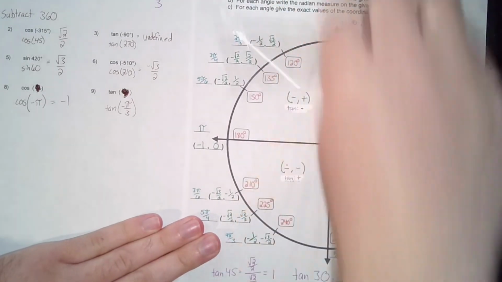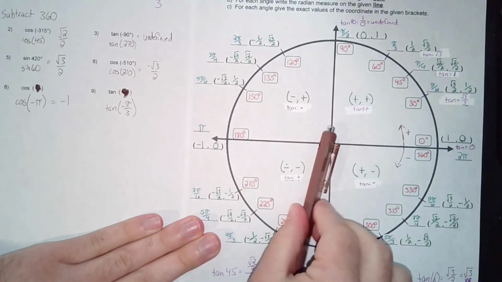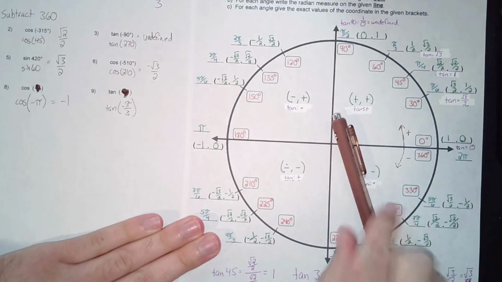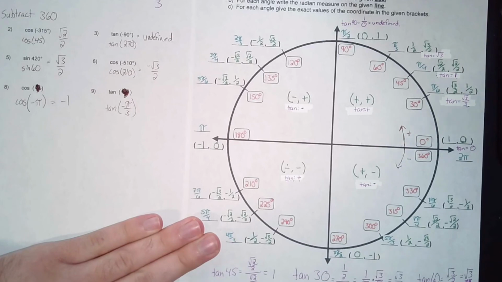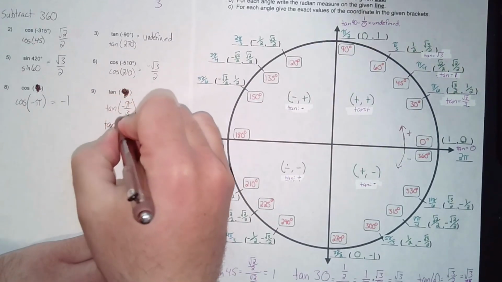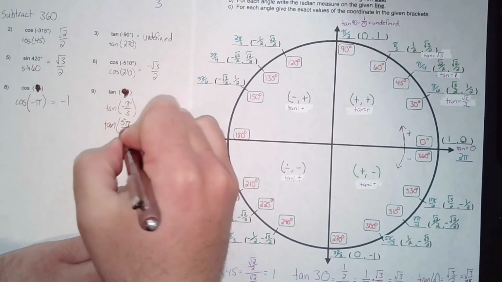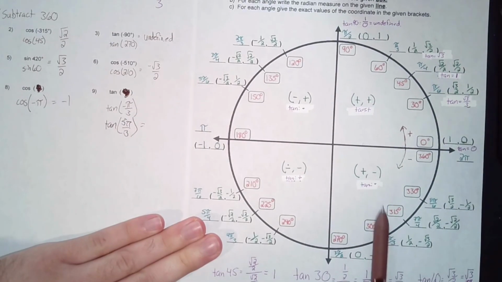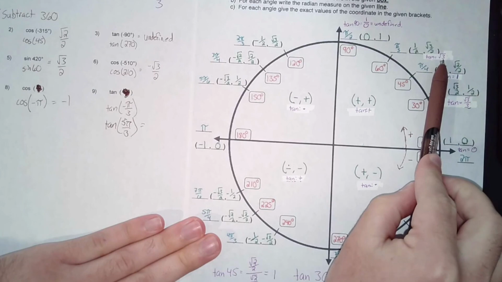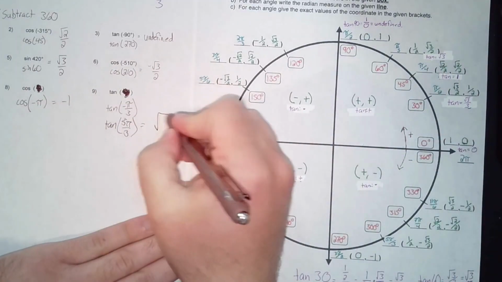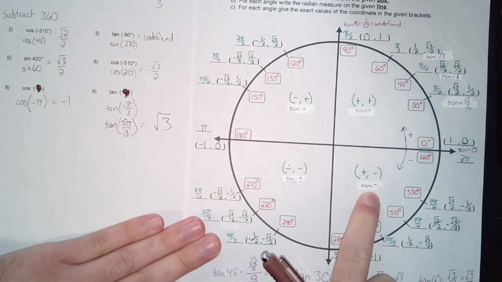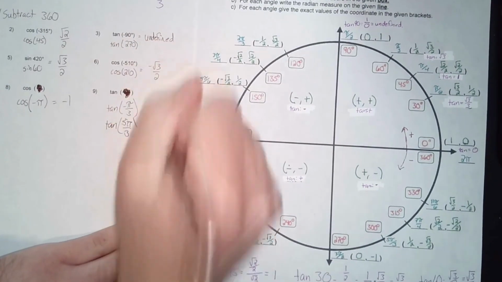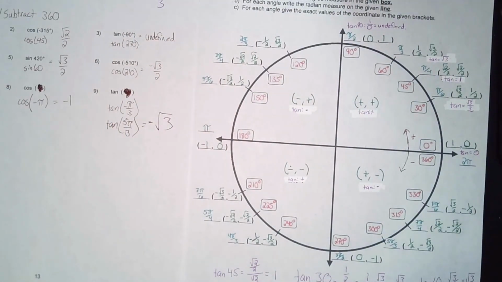So if I go the negative direction, I'm going to go the quarter and go back 1. So I'm down here at 330 degrees, or 5 pi over 3. So this is really tangent of 5 pi over 3, which is going to equal my tangent here. If I go straight up, it's going to be at 60 degrees, so it's the square root of 3. And because I'm in this lower right corner, my tangent is negative. So I have a negative square root of 3 there.